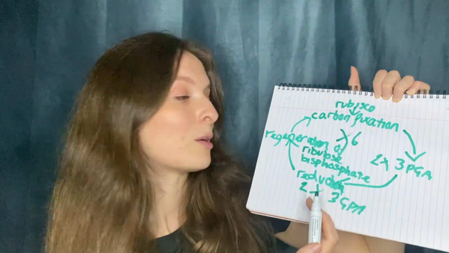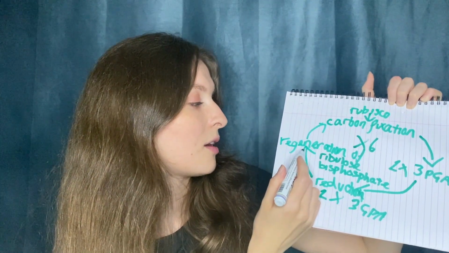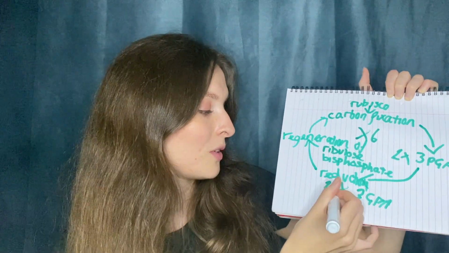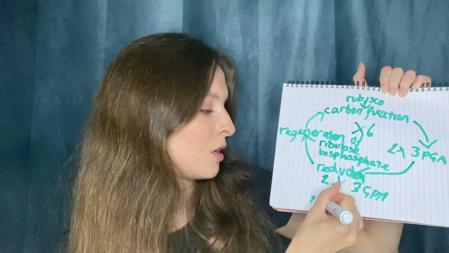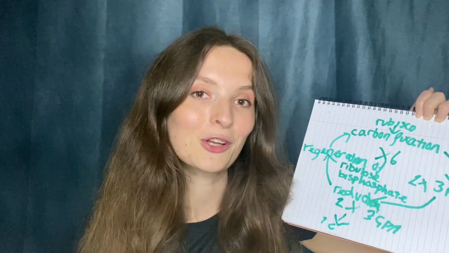So that's where they come in handy, and then they go on and are regenerated into ribulose bisphosphate and 1 simple sugar, 1 carbon molecule. So 6 turns and you have yourself a full carbohydrate.